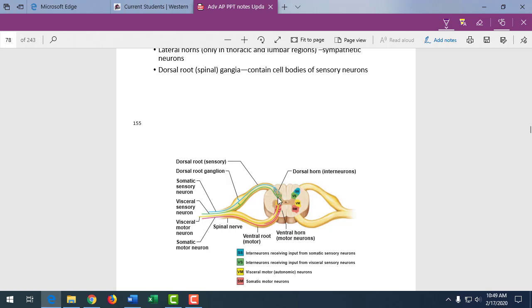So when we look at the horns then, the dorsal horn carries sensory information, and the ventral horn in the front here, this butterfly structure, this is motor information going out. It contains cell bodies, dendrites of motor neurons. So they're not myelinated, so they have a darker appearance. That's why we call them gray matter, because we're looking at tissue that doesn't have that fatty white myelin coating.